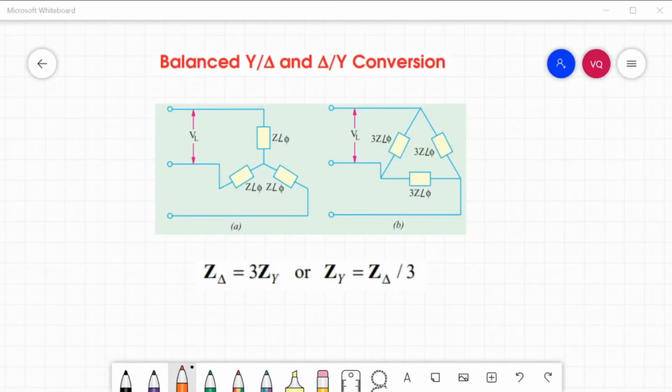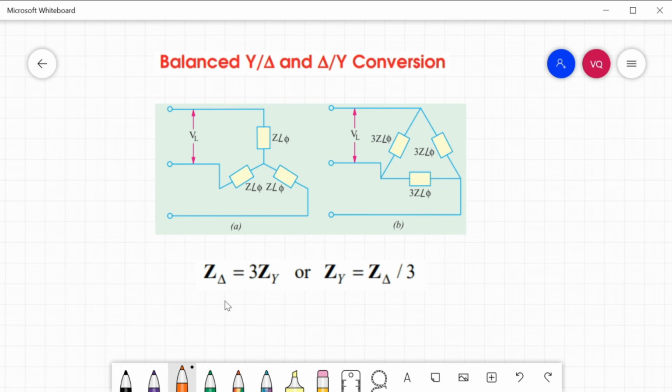If we are going to convert our loads, or loads and sources, which are connected in Y delta and delta Y, so balanced Y delta and delta Y conversion. This is the orientation for the Y connection, and this one is the orientation for the delta connection.